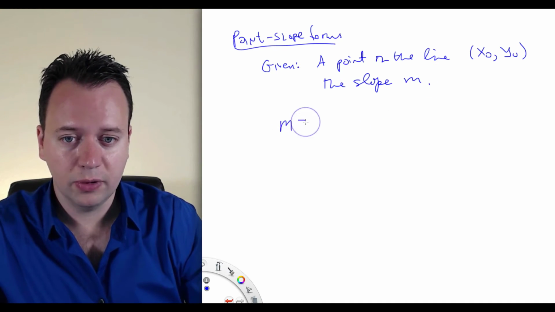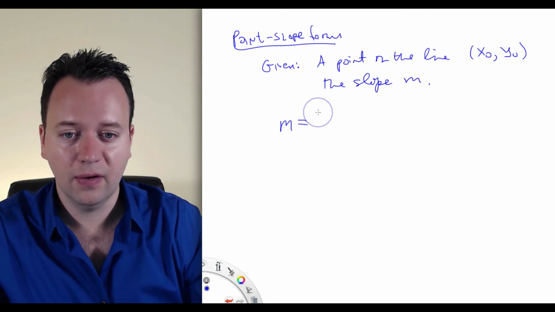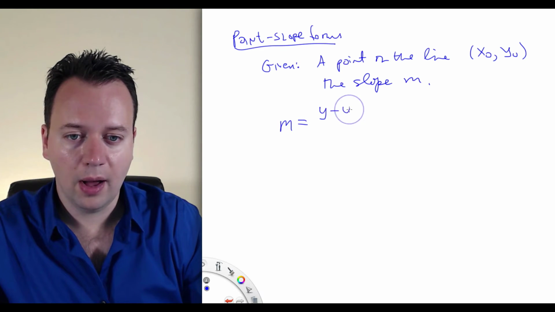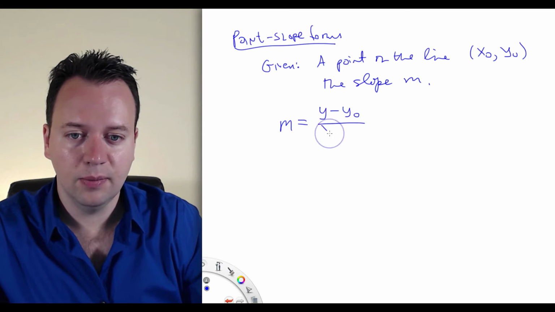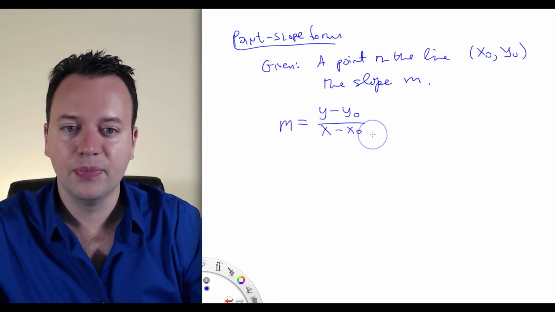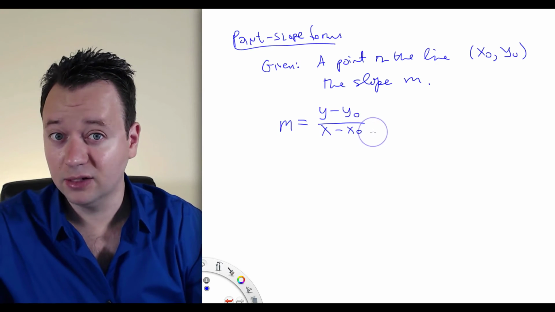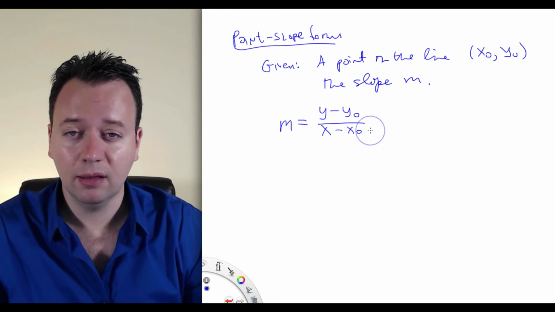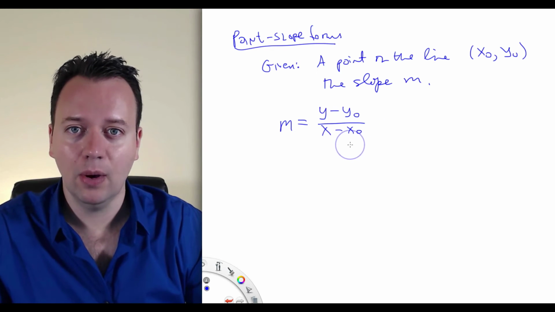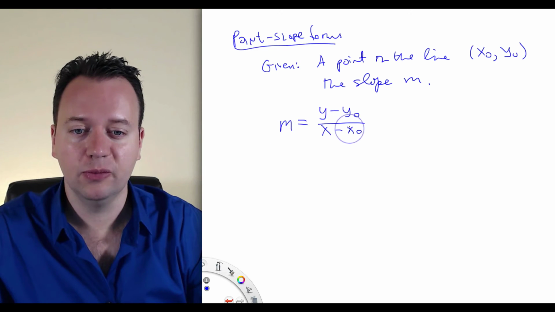The slope is always the change of y over the change of x. So it's going to equal y minus y naught divided by x minus x naught, where we're leaving y and x unspecified. But any point on the line has to satisfy this equation because the slope is always going to be the same.